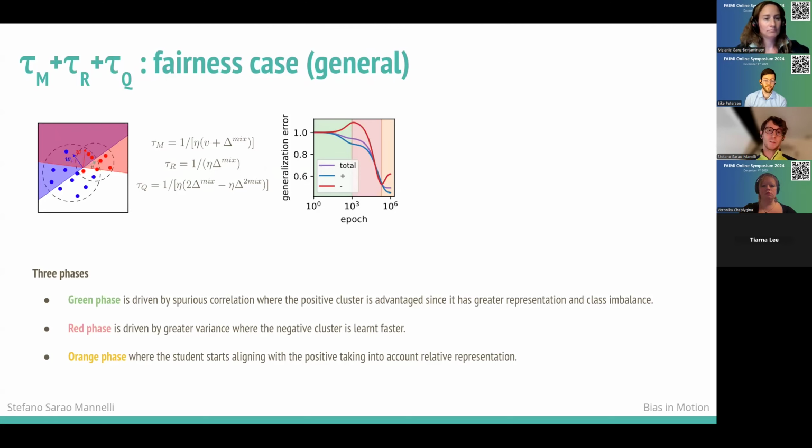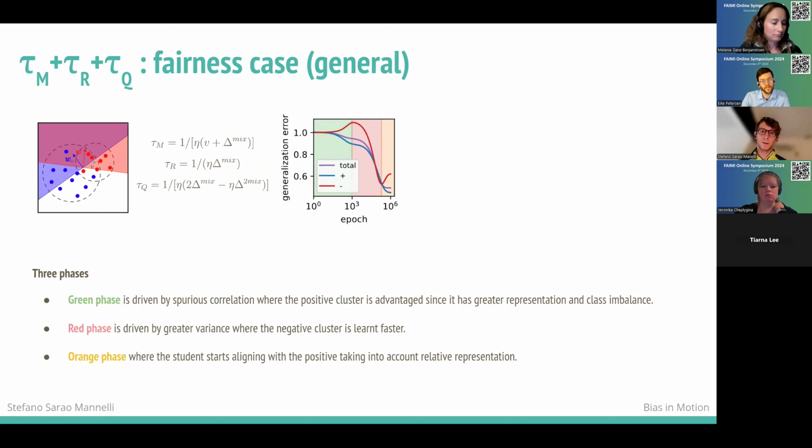In particular, in the initial phase, the classifier is following the spurious correlation. And so it's attracted by, in this case, the positive cluster because it has a greater relative representation and a strong class imbalance. In the intermediate phase, instead, it is the saliency of the stimuli that matters.